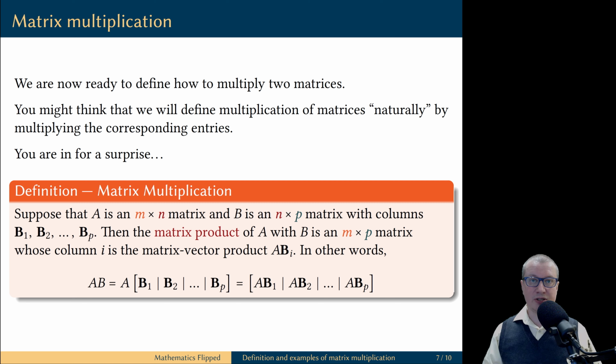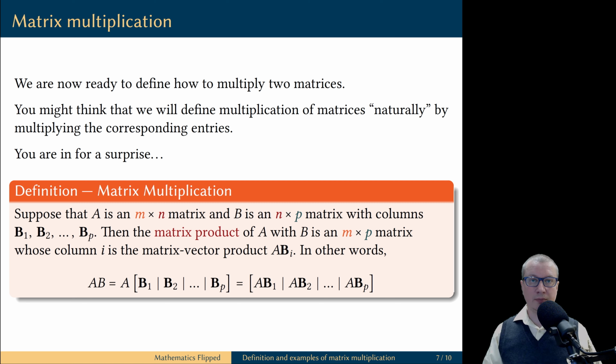Moreover, the size of the resulting product matrix is going to be based on the outer indices. The number of rows in the matrix AB is equal to the number of rows in the first matrix A, and the number of columns in the product matrix is equal to the number of columns in the second matrix, matrix B. We will define the product matrix by saying what its columns are.